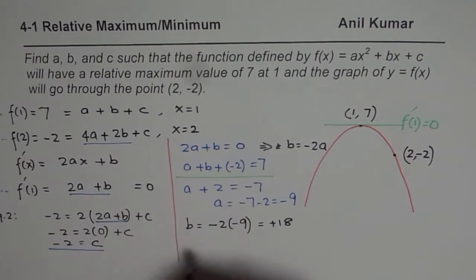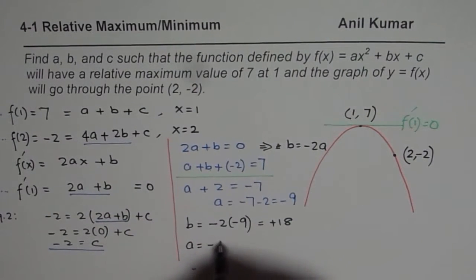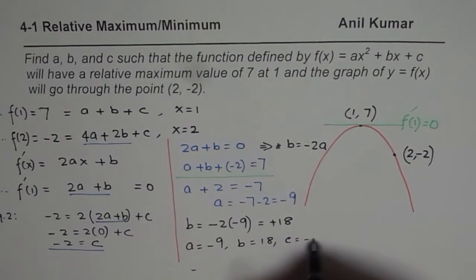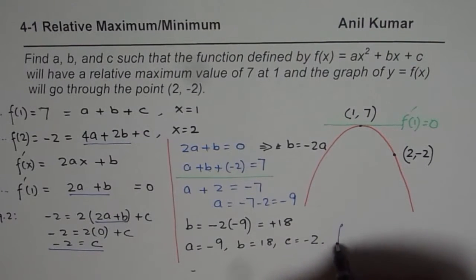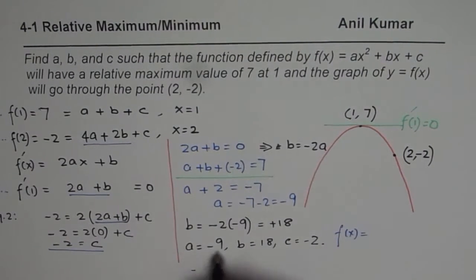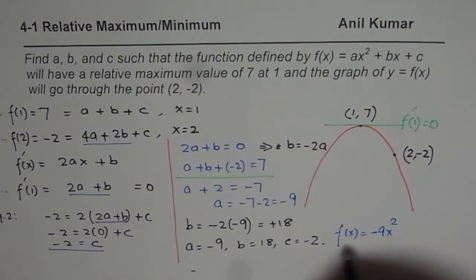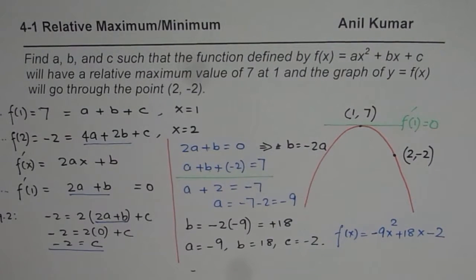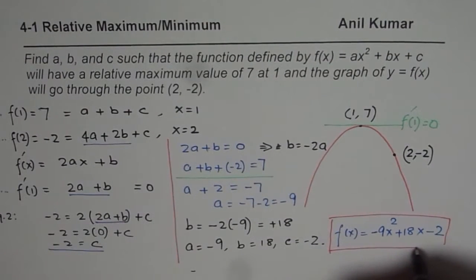So now we know our answer: a equals -9, b equals 18, and c equals -2. Perfect. So that gives us the answer that f of x, the equation itself, is -9x squared plus 18x minus 2. So that is the answer for the given question, and that is how you can solve such equations.